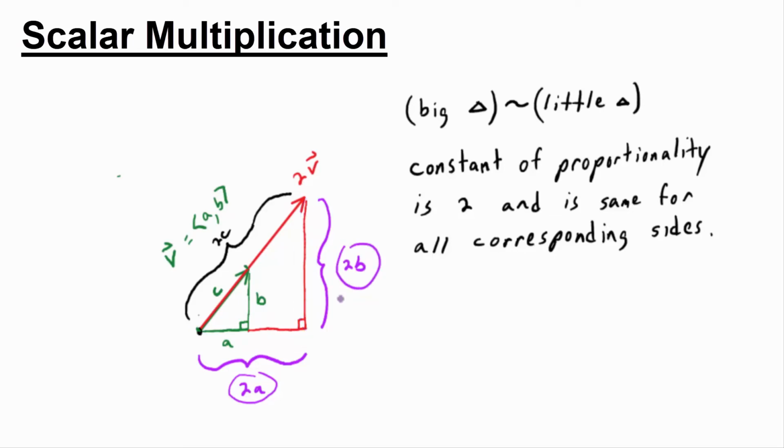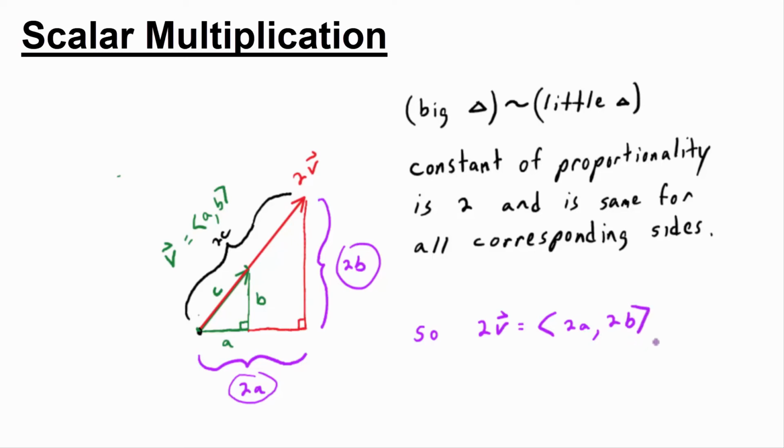So that's it. Visually we've shown how we should perform scalar multiplication symbolically. So the conclusion is this: component-wise, 2V has components 2A and 2B.